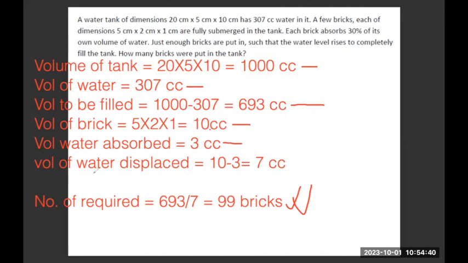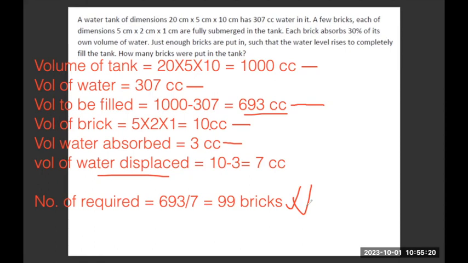And we found the volume of the water displaced, which is 10 minus 3, because if the brick was not absorbing any water, then the displacement would be 10. But in this case, it is absorbing 30%, which means the displacement of water will be the remaining 70%, which is 7 cc. After I found the volume of water displaced by one brick, out of the remaining volume to be filled, I just divided that by the displacement amount of one brick, and I found the total number of bricks which will be required to fill the tank completely.